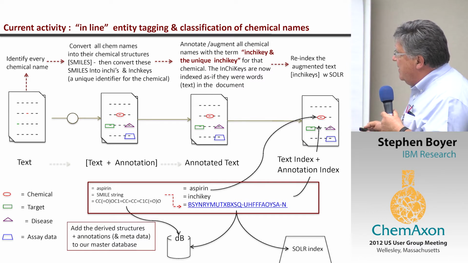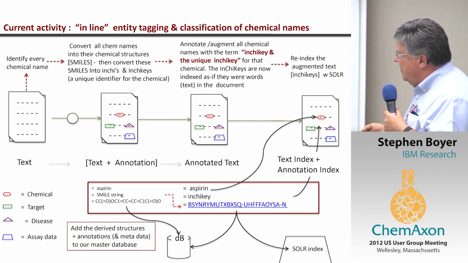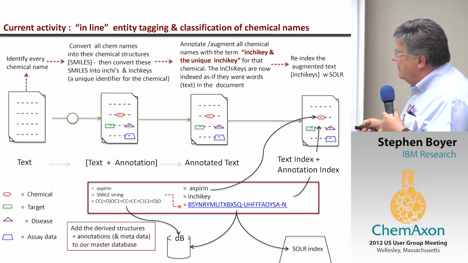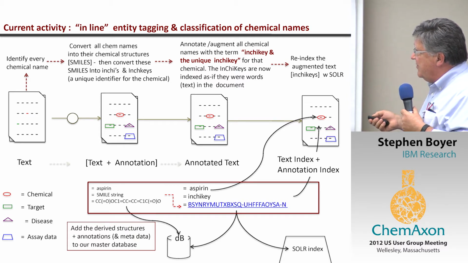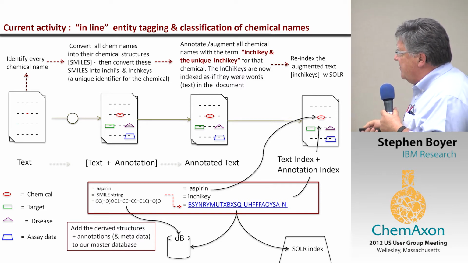For this, we use the ChemAxon Name to Structure, and the ChemAxon JChem, and life was very well and good, and we could extract chemical names, convert them, and search on them.